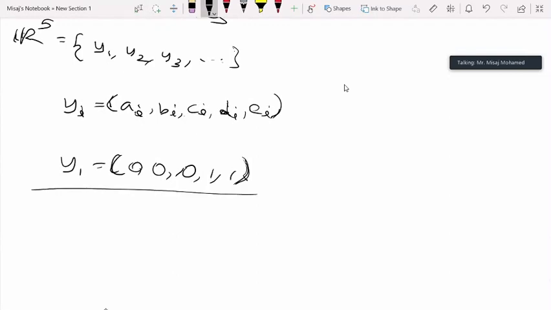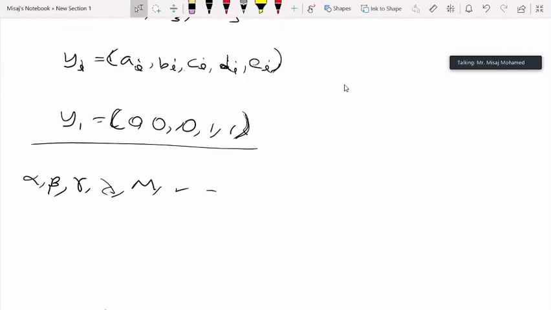So scalars we denote by alpha, beta, gamma, lambda, mu, like that. So alpha times u means what?